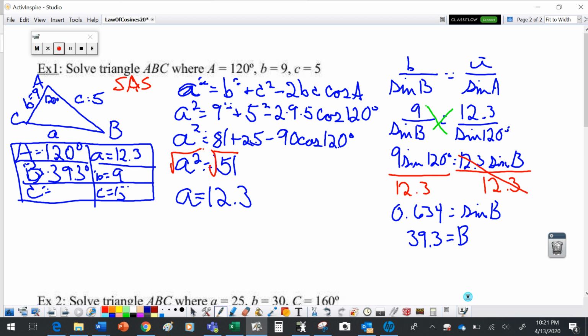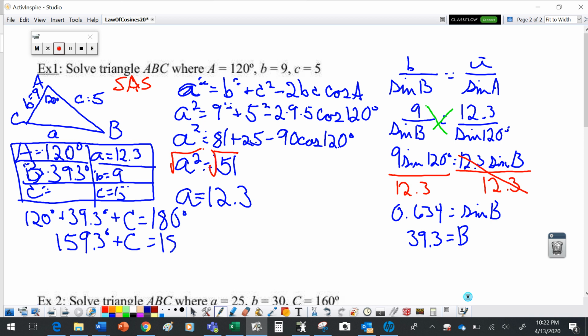Now, even more good news for us, guys. When we have to find that last angle measure, we know that the angle measures of a triangle have to sum to 180 degrees. So that means 120 degrees plus 39.3 degrees plus that unknown C has to be 180 degrees. So we add these two together and we get 159.3 degrees plus C equals 180 degrees.